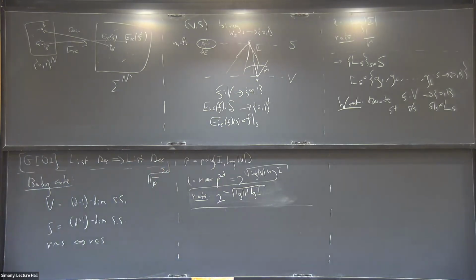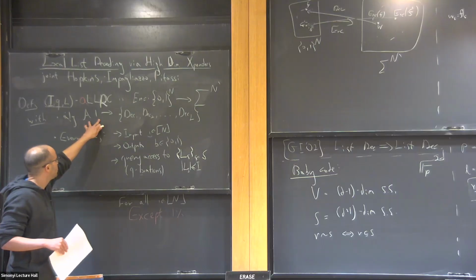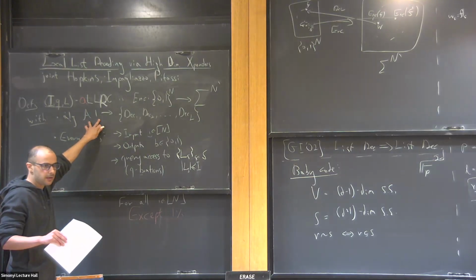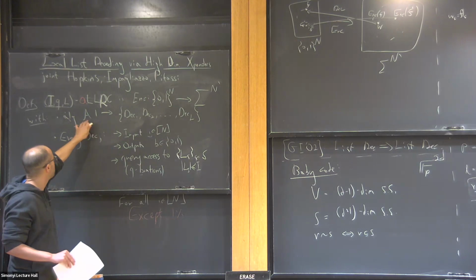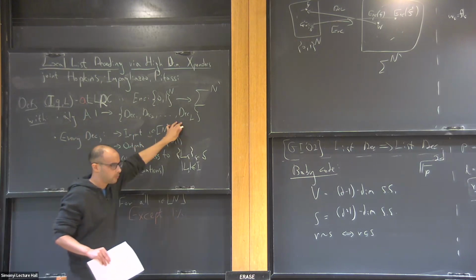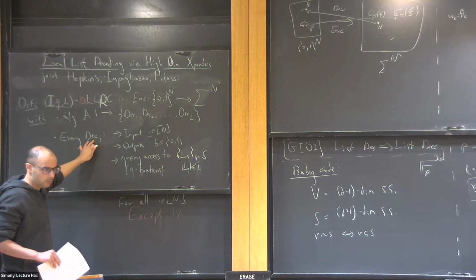So when I do list recovery, I need to tell you, first of all, how I determine the decoders, what this algorithm that splits up the decoder does, and second, what every decoder does.